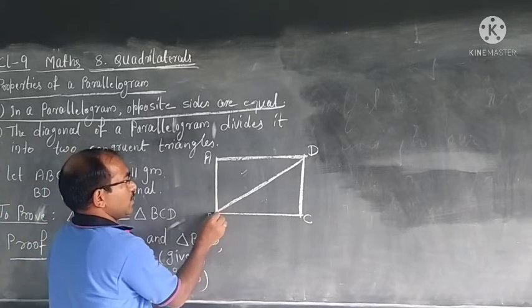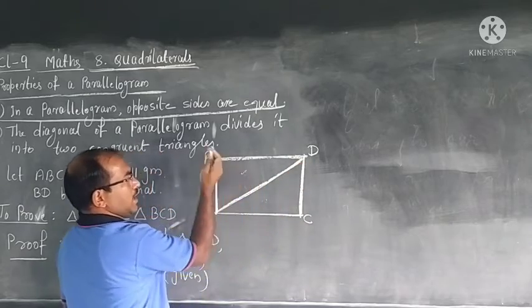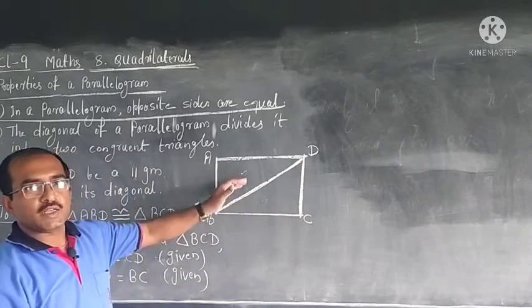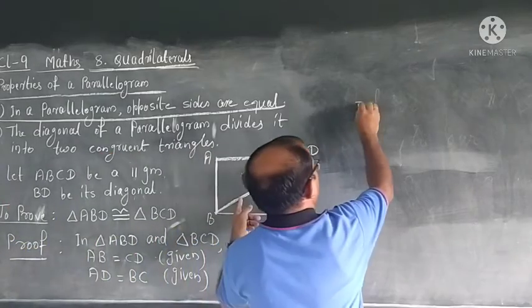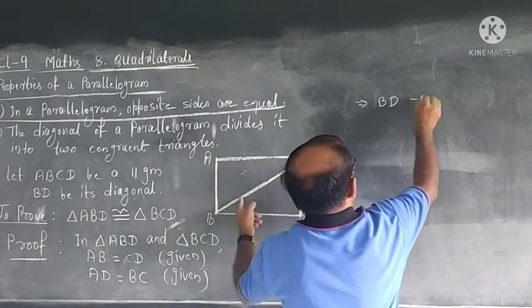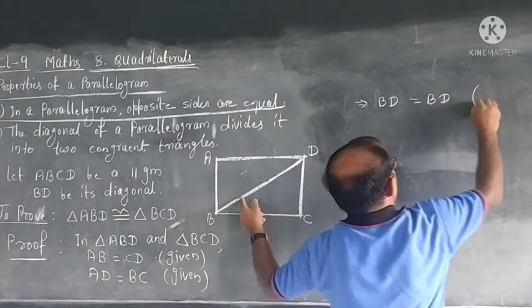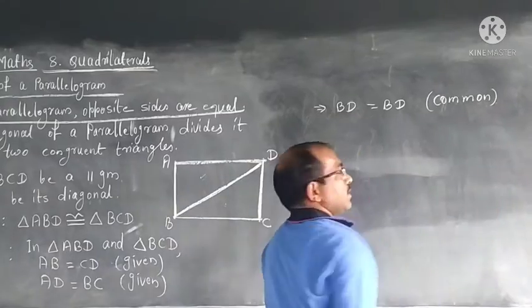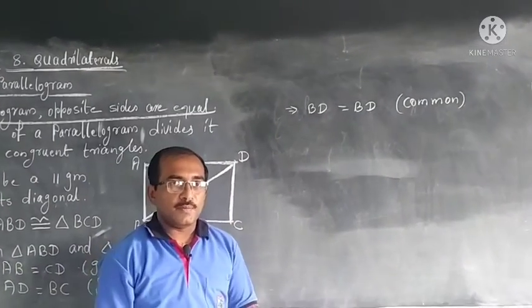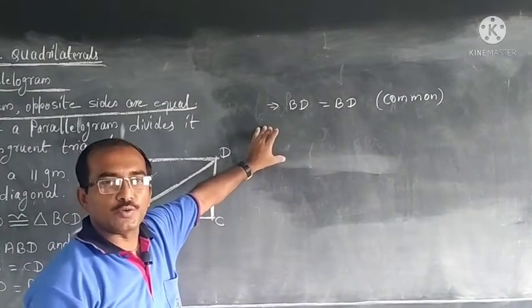Yes, I have found this BD is in this triangle and also in that triangle. So, the same side is common in both triangles, surely that will be equal. So, BD is equal to BD, something will be equal to itself.